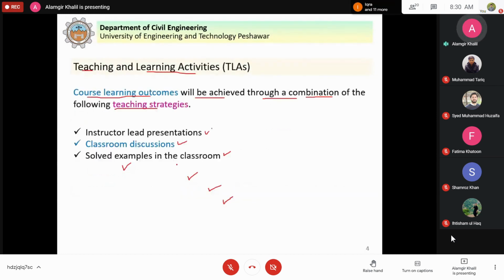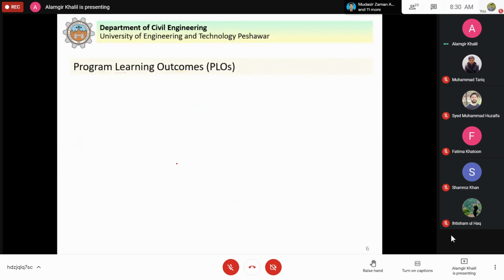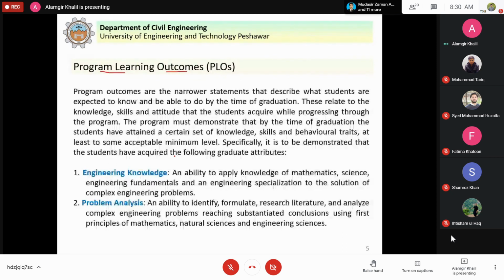So PLO1 is engineering knowledge. An ability to apply knowledge of mathematics, science, engineering fundamentals and an engineering specialization to the solution of complex engineering problems. So you gain the knowledge. This is what it says.